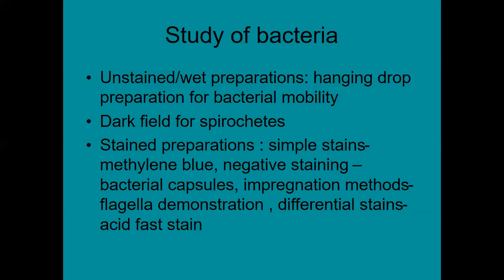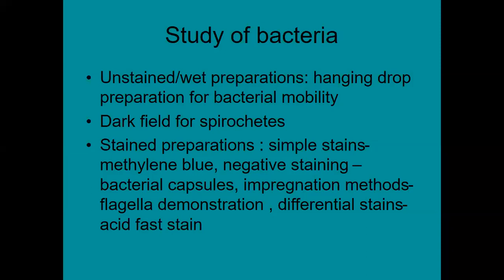For a stained preparation, like a simple stain, you have got methylene blue. For a negative staining, you have got bacterial capsules. Means when you're doing negative staining, for what do you do negative staining? It is the bacterial capsules. Impregnation methods are used for demonstrating flagella, and for differential stains, the best example I can give you is an acid fast stain, which is basically used to observe Mycobacterium tuberculosis.